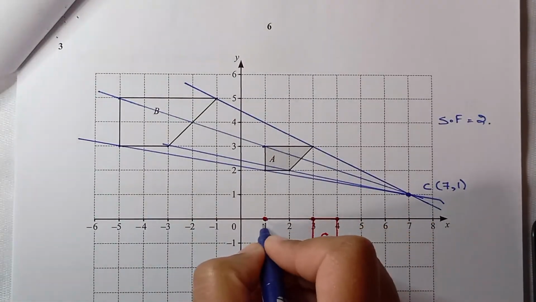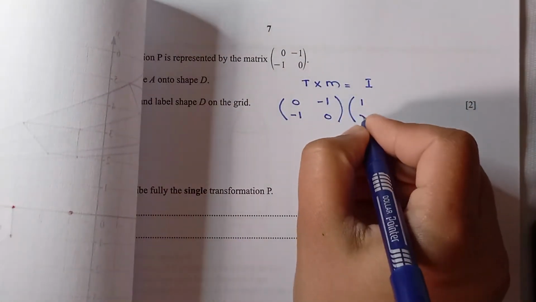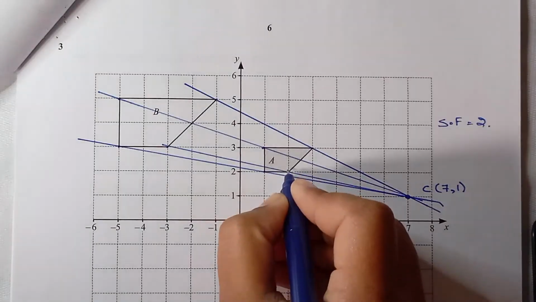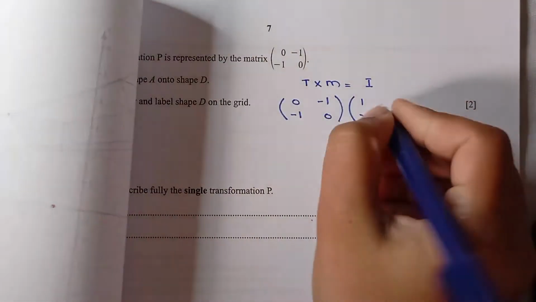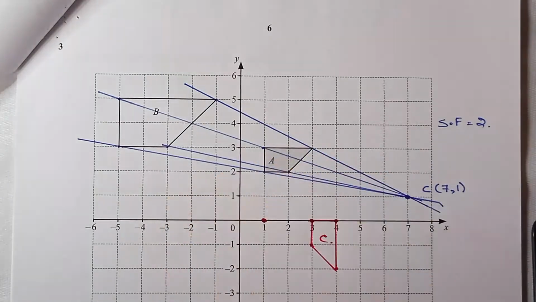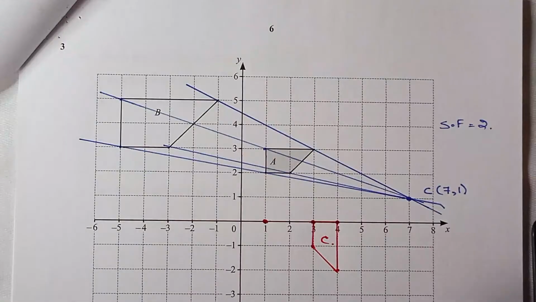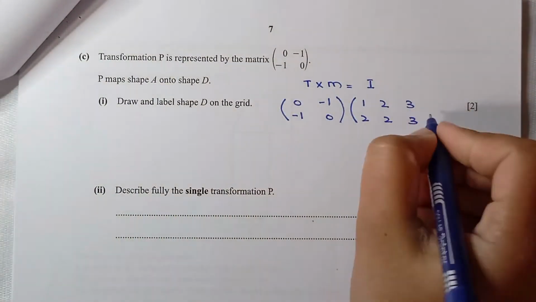If we go back, we have 1, 2, and this point is 2, 2. Then we have 3, 3, and lastly the last point is 1, 3.